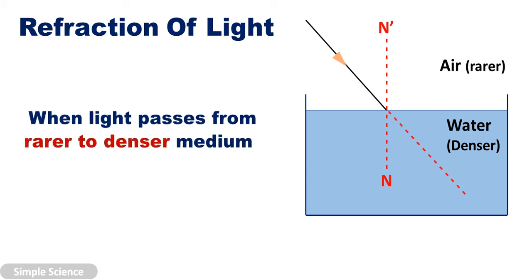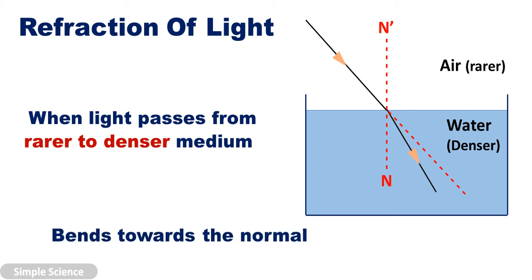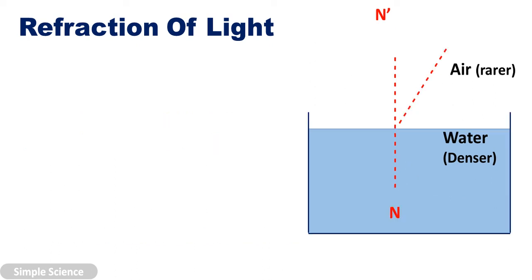When light passes from rarer to denser medium, this is the direction of the path of the light ray, but it bends. Where does it bend? It bends towards the normal. Yes, the refracted ray is going towards the normal from its actual path. So when light travels from a rarer to a denser medium, it bends towards the normal.